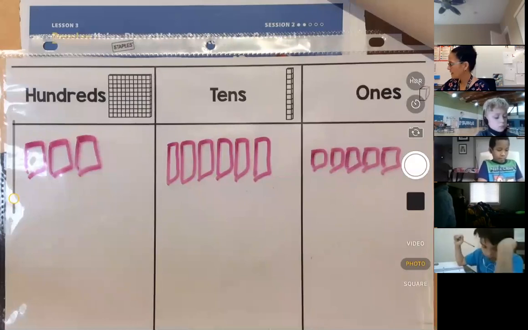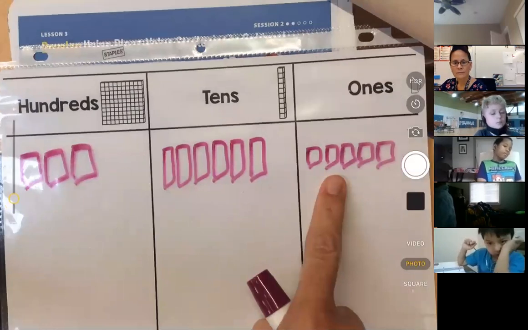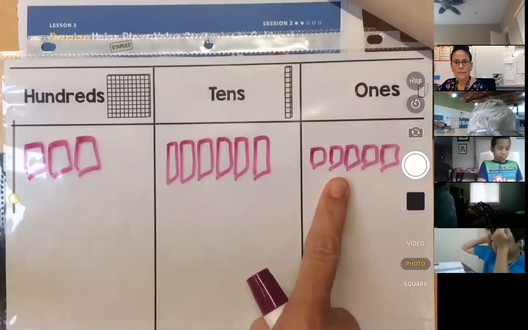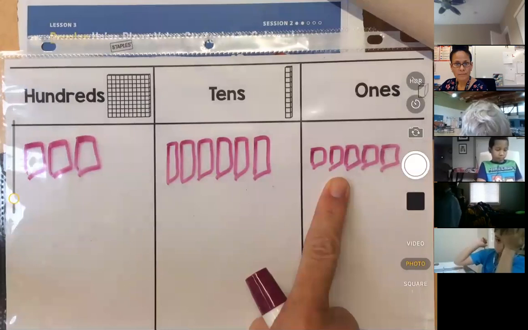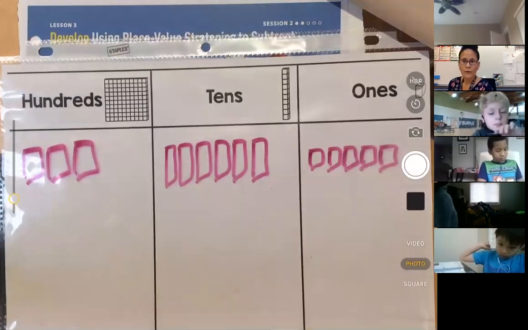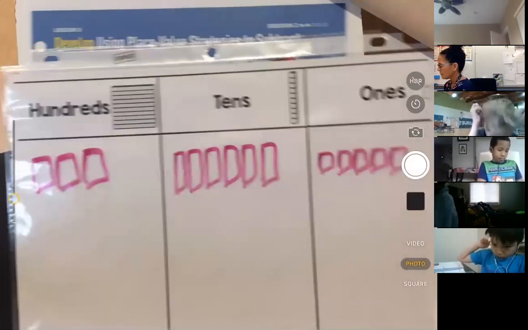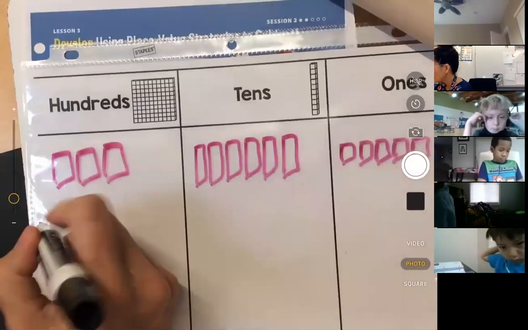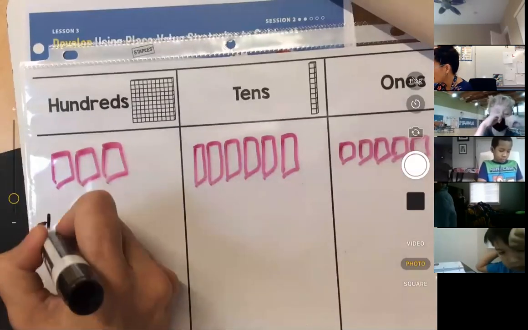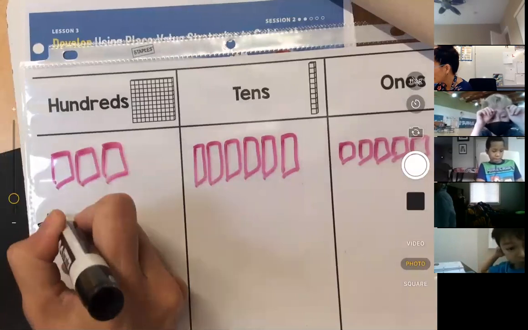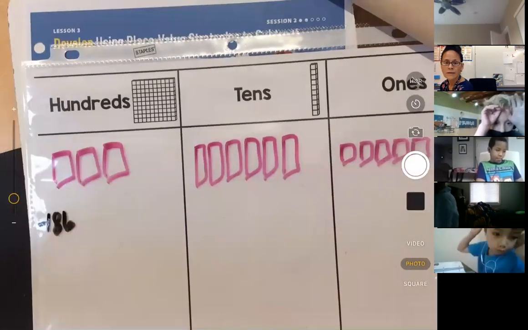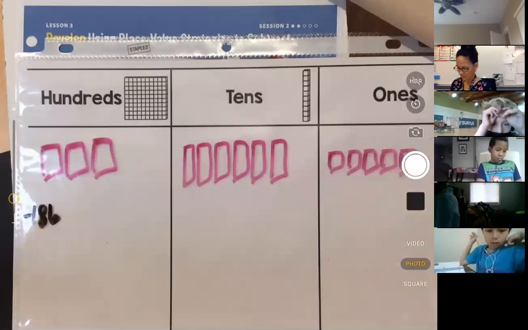Well, I can't take 6 away from 5. So I need to regroup. So to refresh my brain, I am trying to subtract out 186. That just helps me. I do need to do some regrouping here.